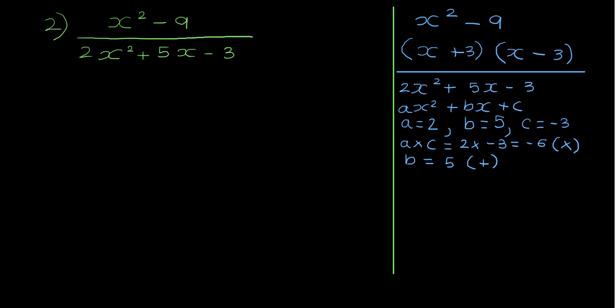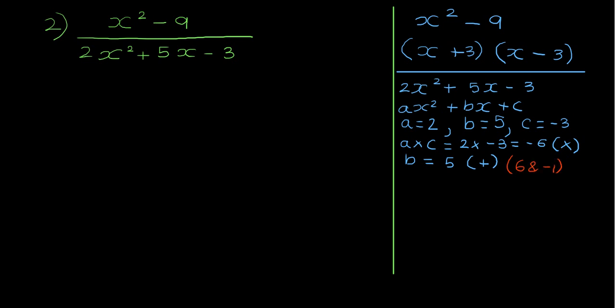And 6 plus minus 1 is 5. So I'm going to write down my two numbers in probably a different color, in brackets, 6 and minus 1.